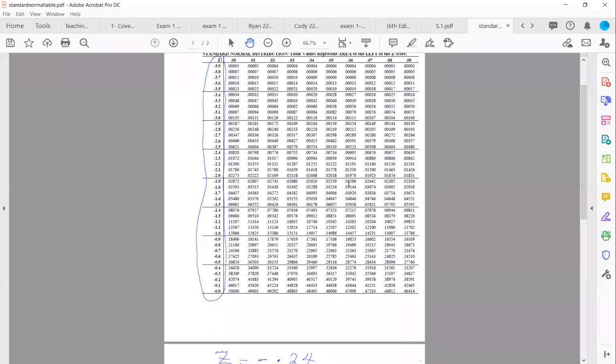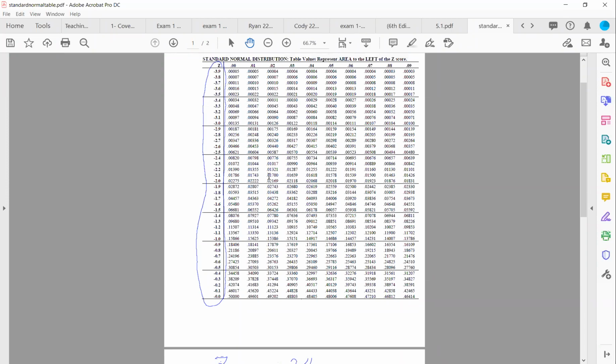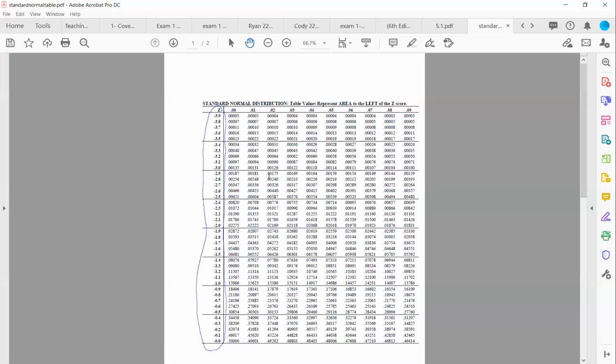So the first two digits to the left and right of the decimal place, negative 0.24. You have to look for these two digits on the first column. Where is that? 0.2.